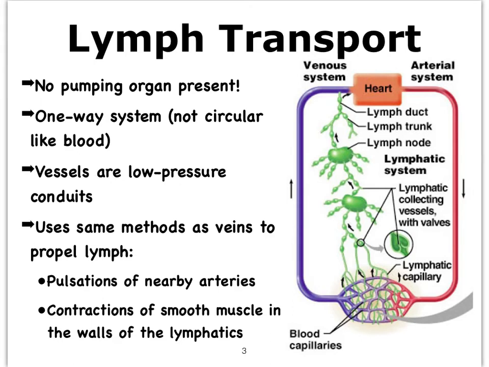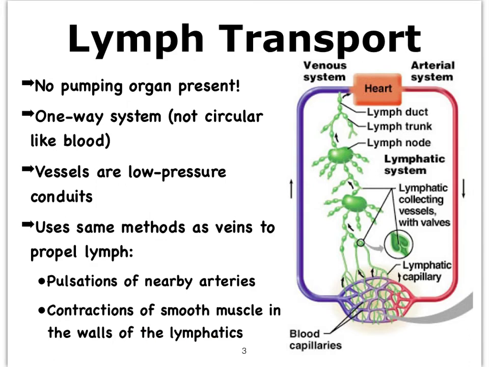Even our veins depend on a muscular pump and our respiratory pump mechanism. And to some extent, our lymphatic vessels can depend on that as well. But also, we see that lymphatic vessels are going to depend a lot on the pulsations of the blood in nearby arteries and even the smooth muscle contractions that are occurring in the walls of the lymphatic vessels.